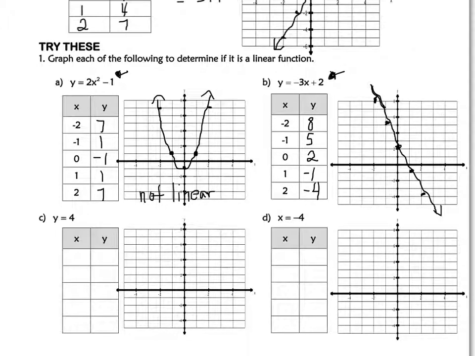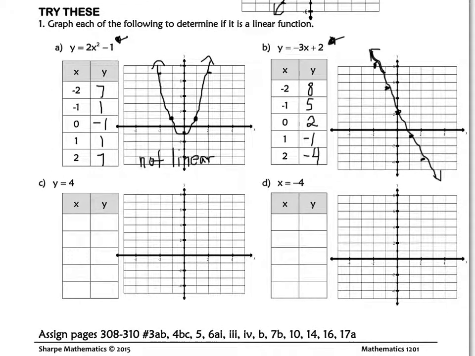I think I'm drawing a straight line, but it doesn't come out looking like a straight line. So this one is linear. It has that linear straight line pattern, though my line doesn't look very straight.